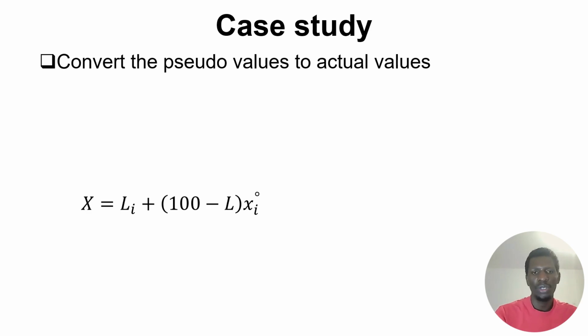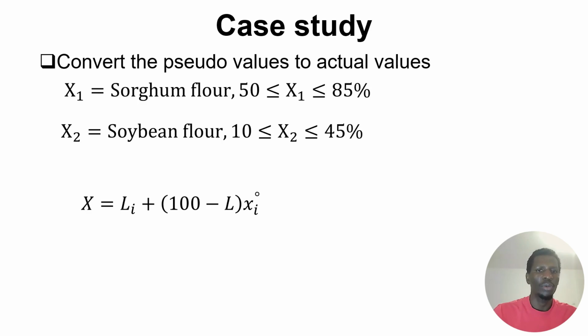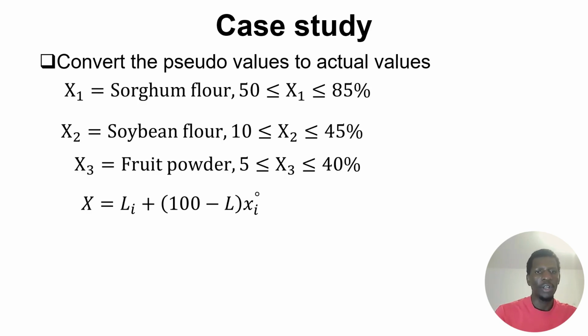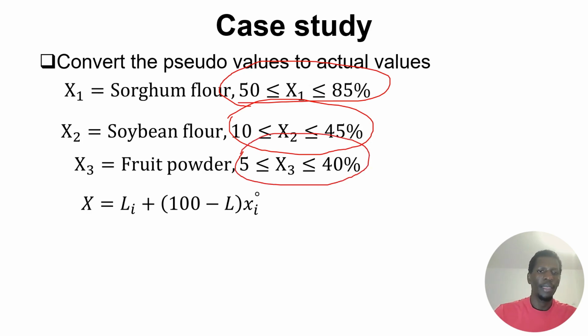These are just codes. It's always recommended converting these values to their actual values, to their actual percentages, or to their actual weights. So to do that, we have to consider the limit of substitution of the factor limit. And here, sorghum, as you've seen, ranges from 50 to 85, soybeans from 10 to 45, while fruit powder is from 5 to 40%.